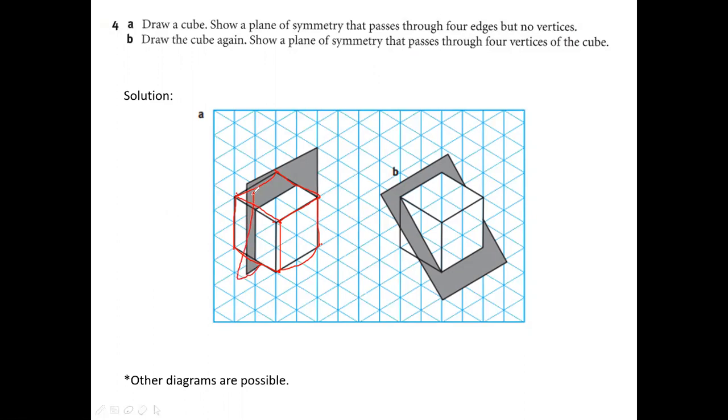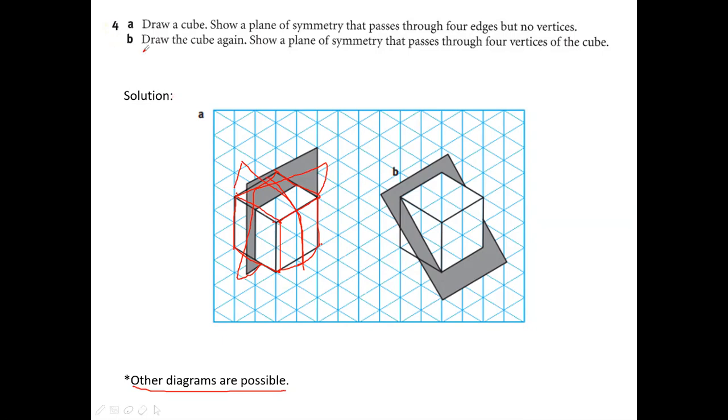This is the plane of symmetry which you have drawn. Otherwise, you can draw like this also, no problem. Like this also we can draw one more plane of symmetry. Look here, that's why I have given here that other diagrams are possible. Okay, someone may draw as given, other people may think differently, no problem.